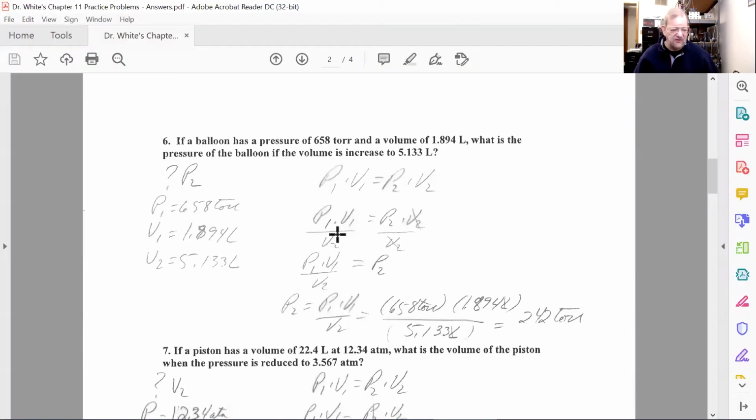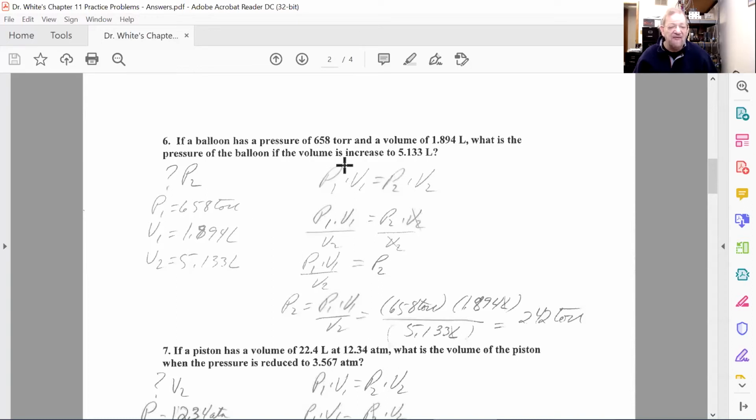if we look at this, what are we being asked to find? The pressure after you make a change, P2. The initial pressure is 658, and that's P1. The initial volume is here, that's V1.